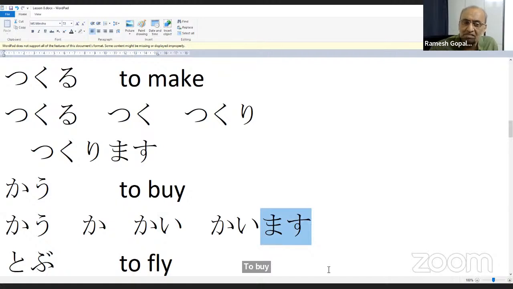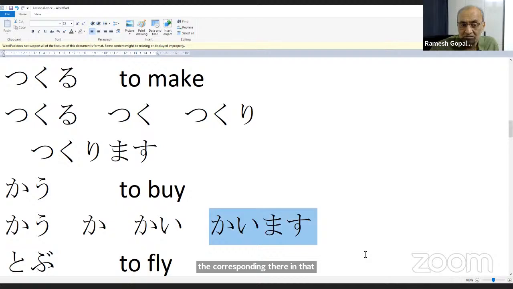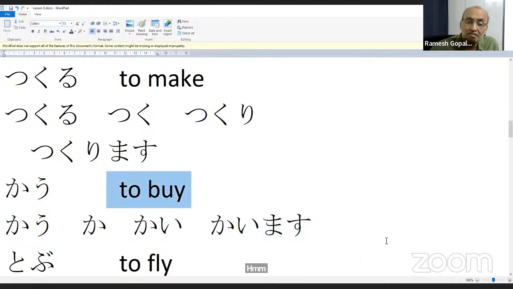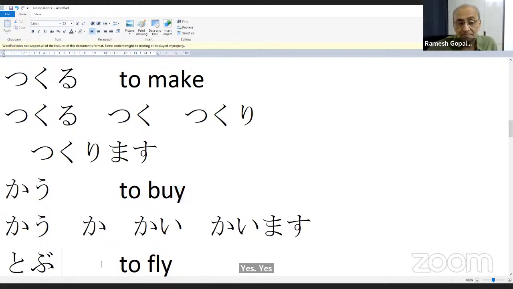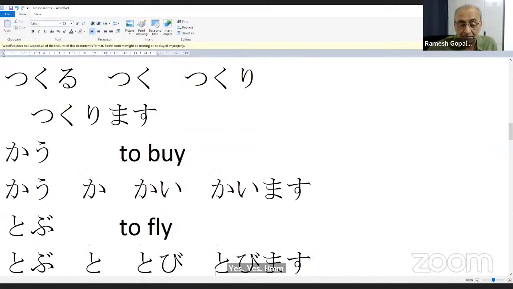So it is kaimas. What is the dictionary form? Kau. What is the mas form? Kaimas. And what does it mean? To buy. Always use to, okay? That infinitive to has to be used. When you say a verb, don't say buy, say to buy. Okay, what is tobu? To fly.